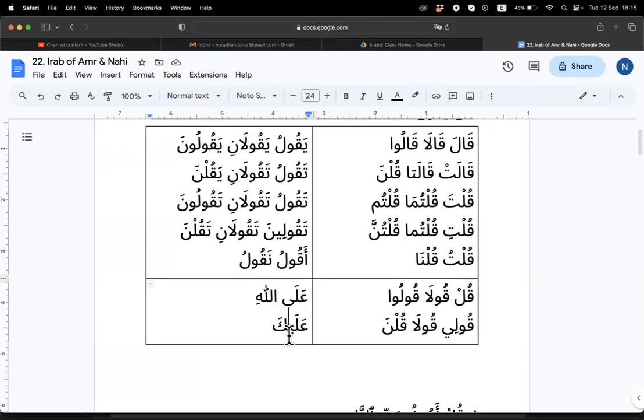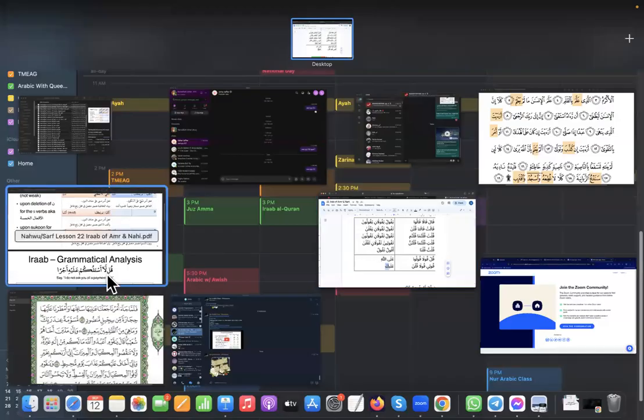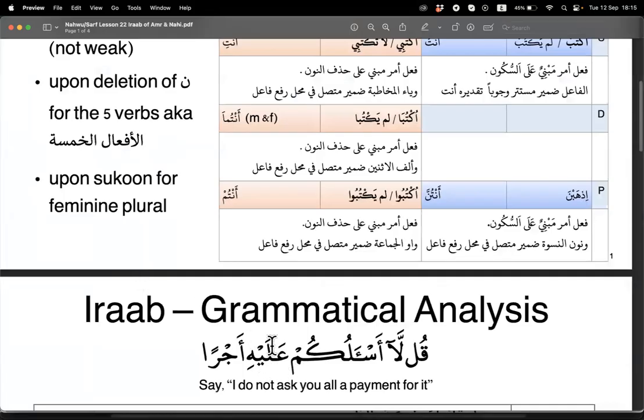The ya will come alive when it's attached to an attached pronoun. Otherwise, it will be like this, ala. So this is your jar wa majrur. And then ajron.